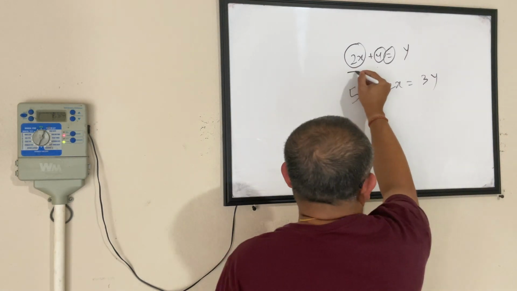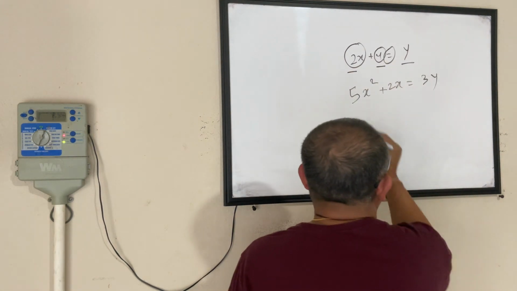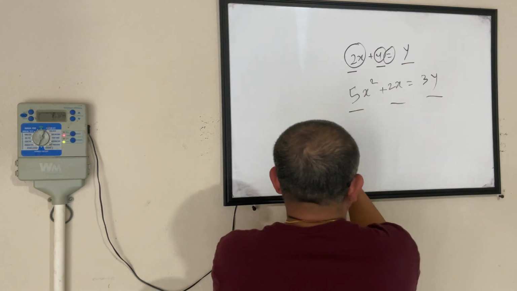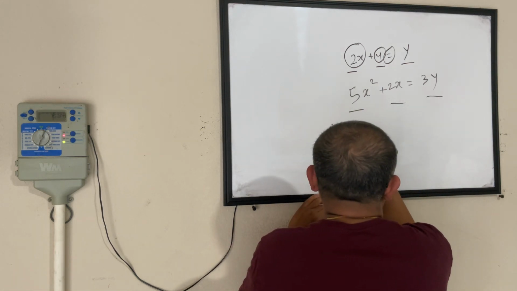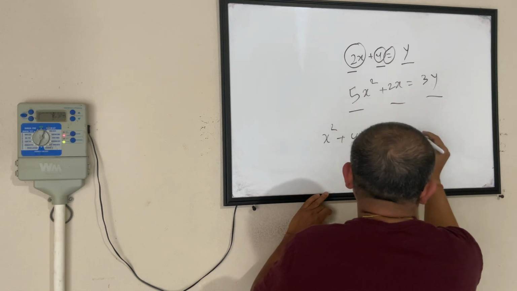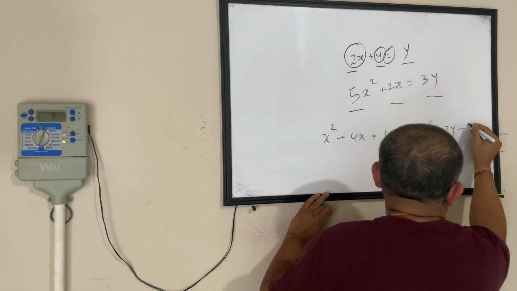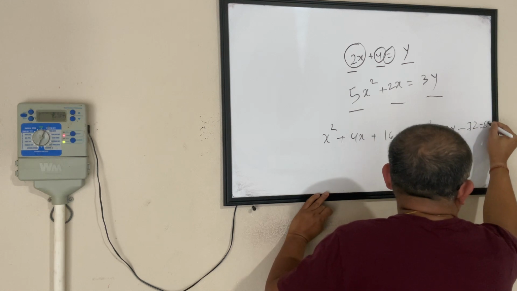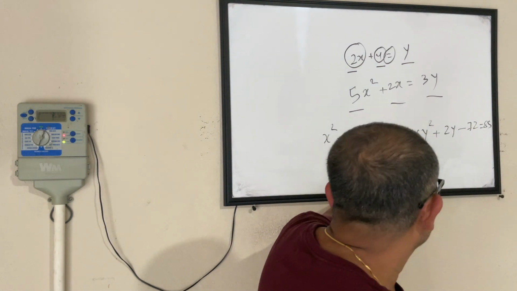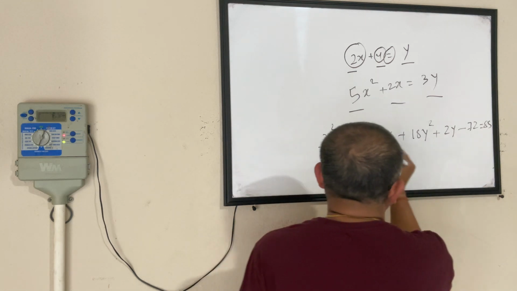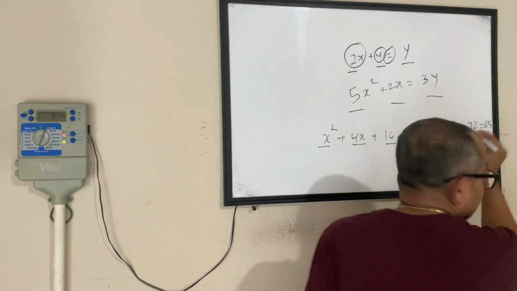Here you have 1, 2, 3 terms. Imagine if I am talking about an equation like this, we have 1, 2, 3, 4, 5, 6 and 7 terms.